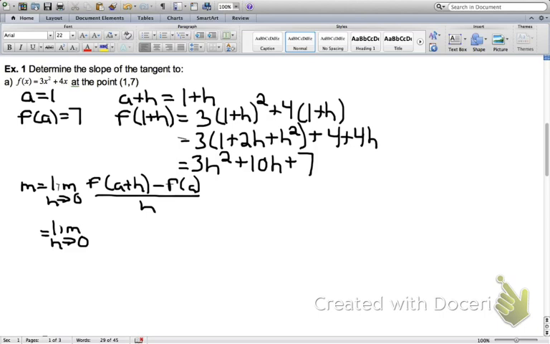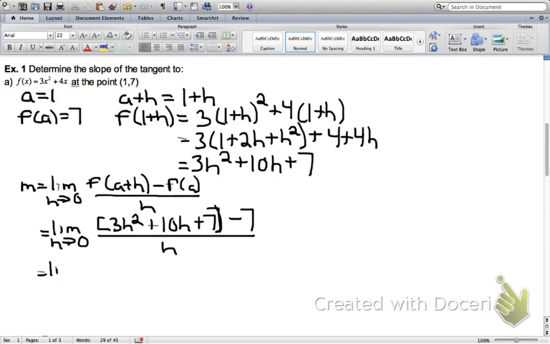So when we sub these values in, we have 3h squared plus 10h plus 7 minus 7, because our f at A value is 7, all over h. When we collect our like terms, we're left with a limit as h approaches 0 of 3h squared plus 10h all over h.